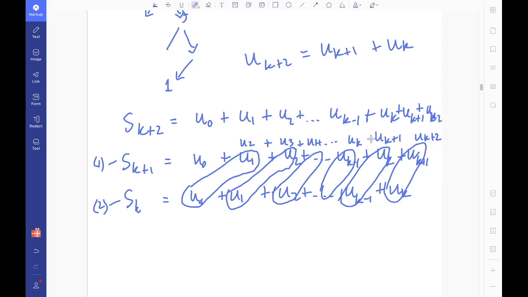So what am I actually missing here from uk plus 2? I've still got this u0 here, sorry. So if I look, the only number I'm missing here is u1. So what is u1? u1 are the numbers in the range of 2 to the 1 up to 2 to the 2. So they start at 2 and they go up to 3.